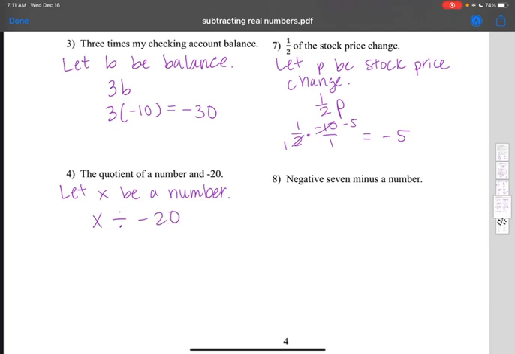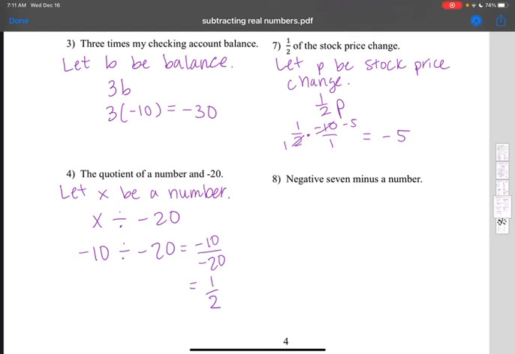So once we plug in negative 10, we have negative 10 divided by negative 20. For me, it's easier to think of divided by in fractions. If you don't need that, don't worry about it. So I'm going to write negative 10 over negative 20. If you have a different method that still gets you to 1/2, that's okay. So negative over negative is a positive. I can reduce 10 over 20 to 1/2.